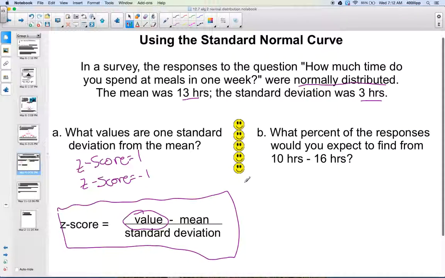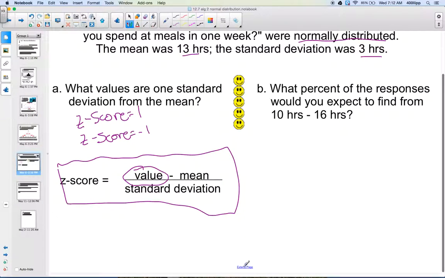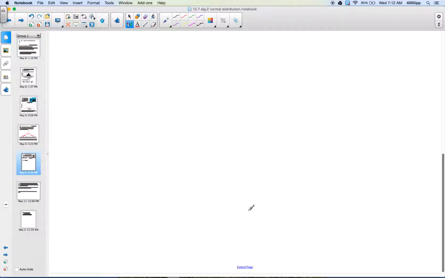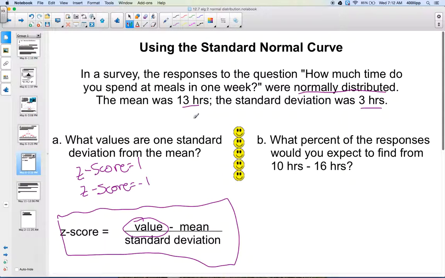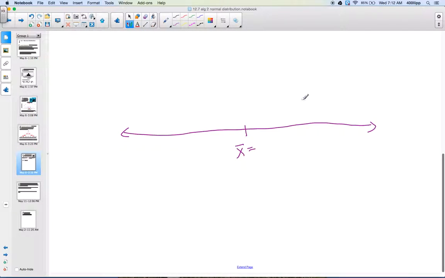The other thing we can do is draw out our normal curve. Right in the middle is our mean, which is 13 hours, and our standard deviation is 3 hours.